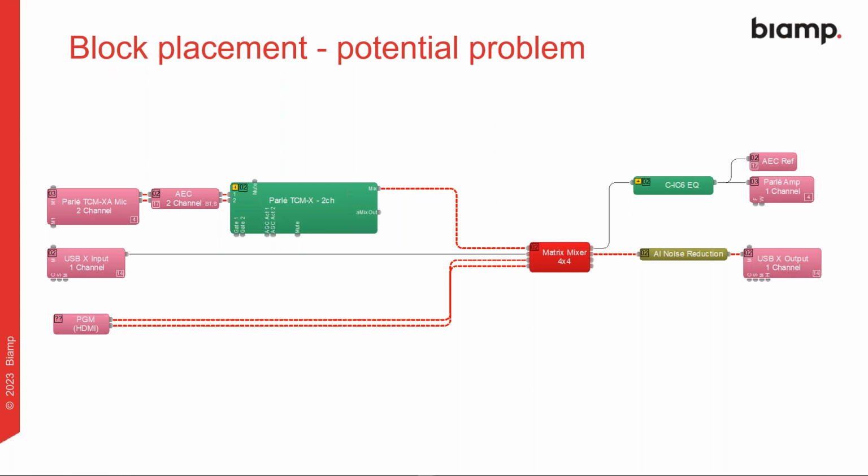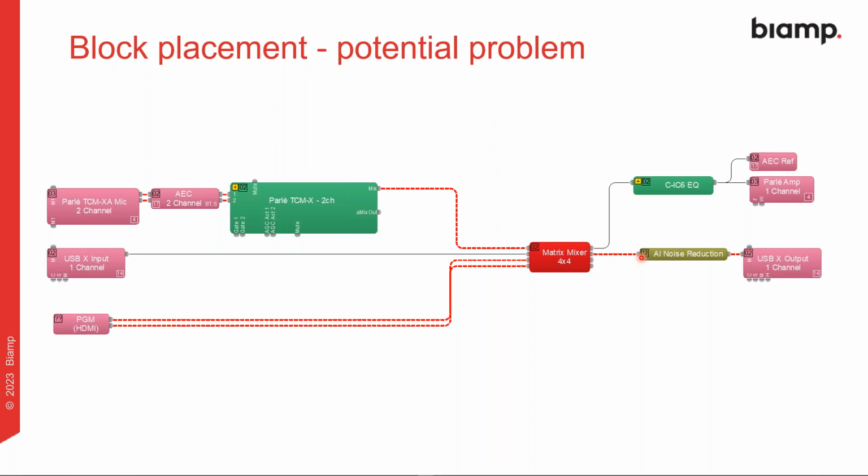As I mentioned, you can place it wherever you want, but you could find yourself unstuck and confused if you don't consider it carefully. Now, here the mics are routed through the AI noise reduction. That's great, that's what we want, but we've also got a program input on the analog ins. We don't know what this content could be. It could be anything. It might be music, and you may want to send it to the far end. You might be discussing a new advert or something with your colleagues remotely.